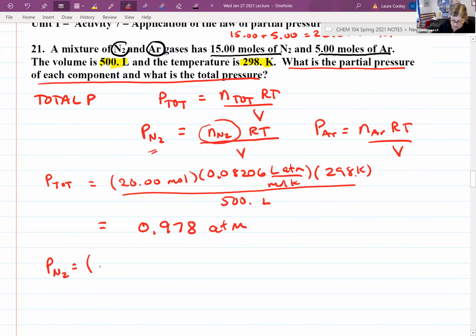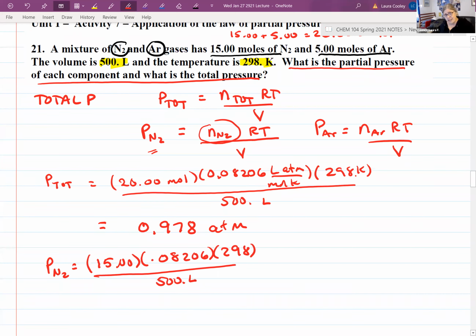It would just be with 15 R T over V. Notice all the gases have 500 liters as their volume. N2 and argon are both in the same container, so they have the same volume. It's just the container volume.